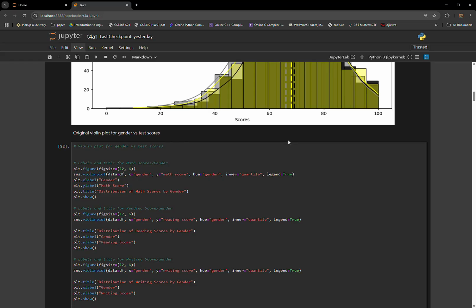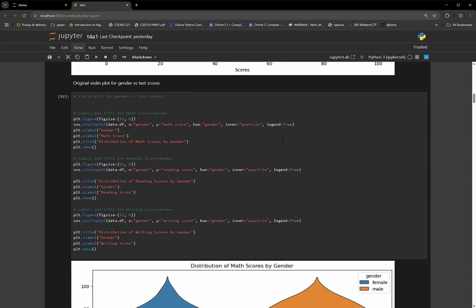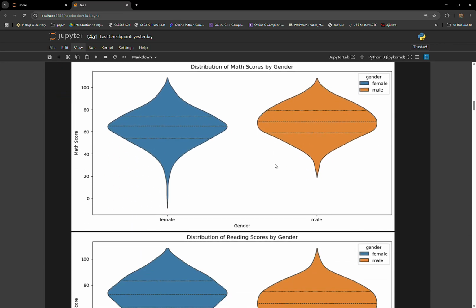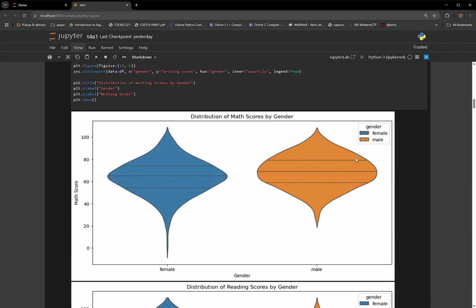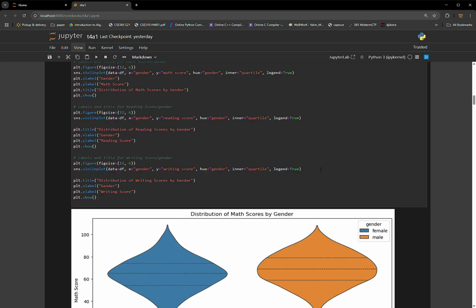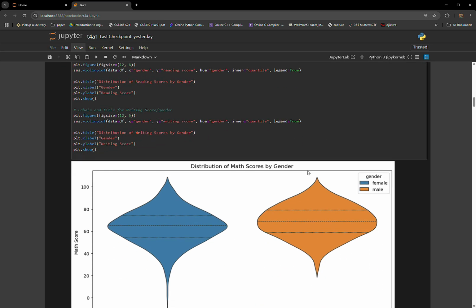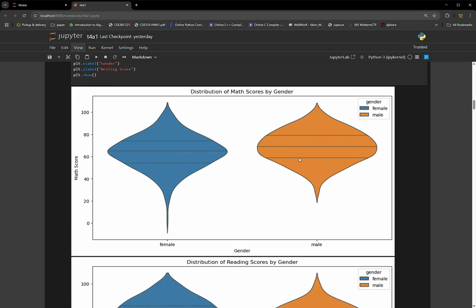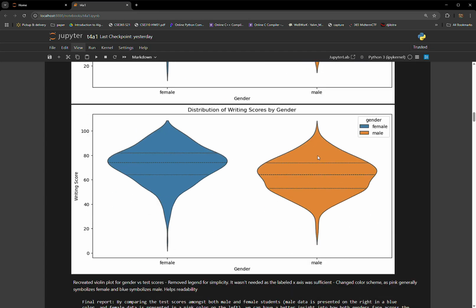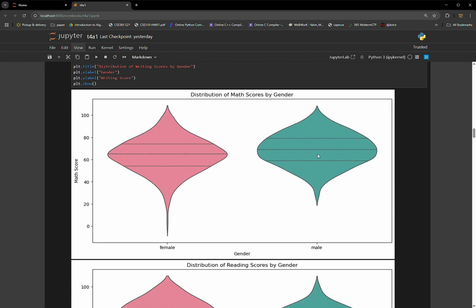And then from there, I did a violin plot for the genders versus the test scores. So here's the original. By default, I just added in the legend, and the default colors were blue and orange. When I made my changes, I changed it so it's more in relation to the universal colors for female and male, with female being pink and male being blue.